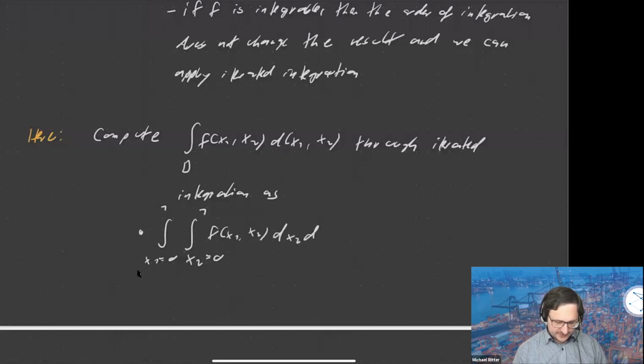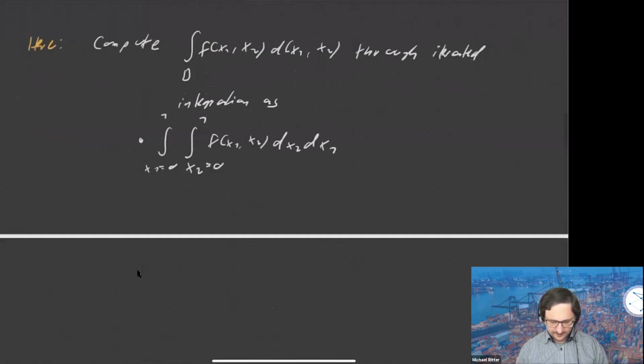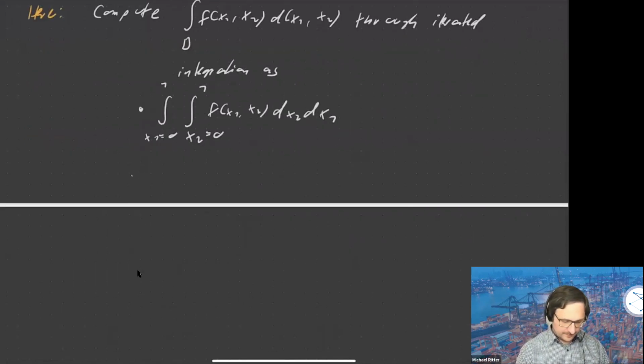So like this. And we'll compare that with the other order where x1 is the inner integral and x2 is the outer integral. So dx1, dx2.